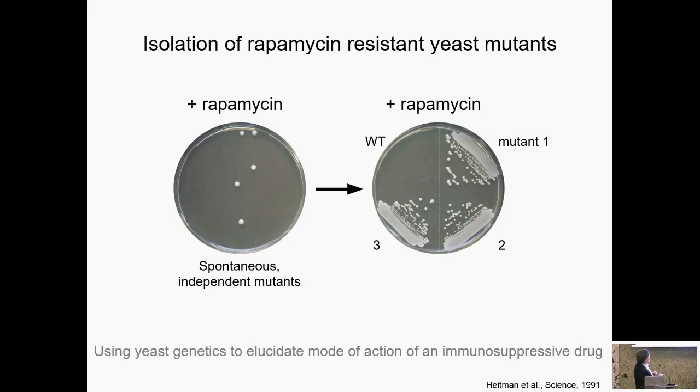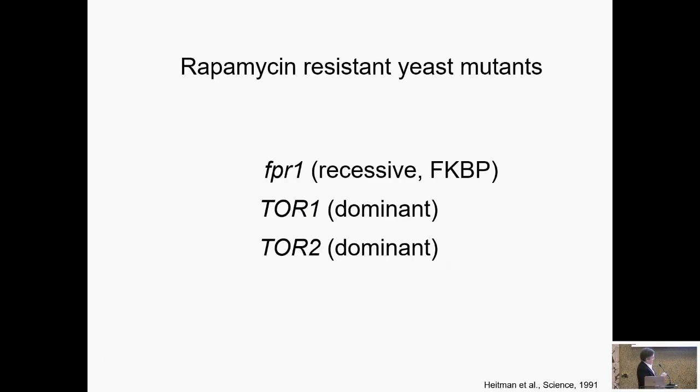So what Joe and Jeanette and Rao did was they picked these different yeast colonies, purified them, and then studied them, determining how many genes were mutated and which genes were mutated. And when we did that, we found that any one of 3 different genes were mutated to confer rapamycin resistance.